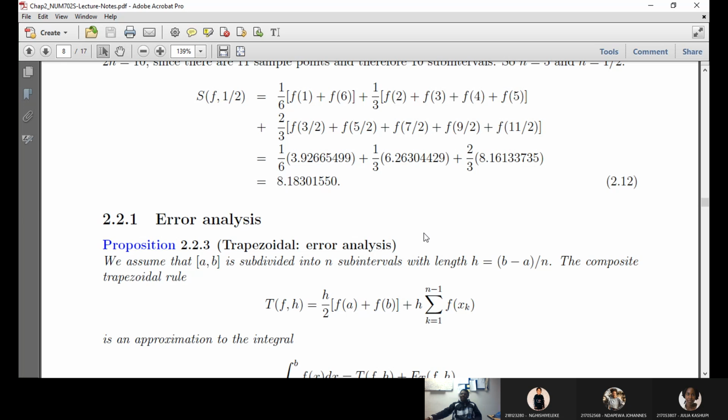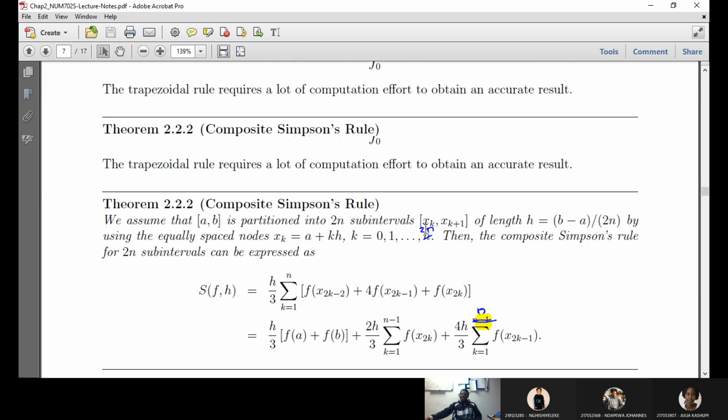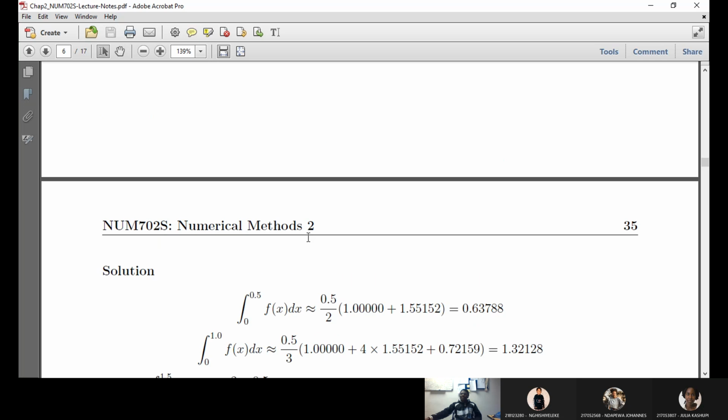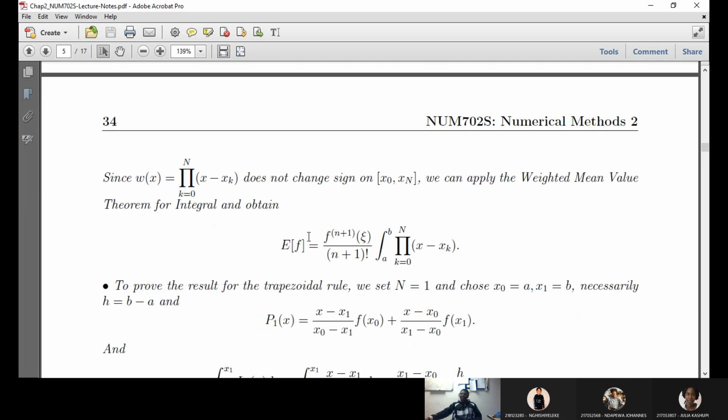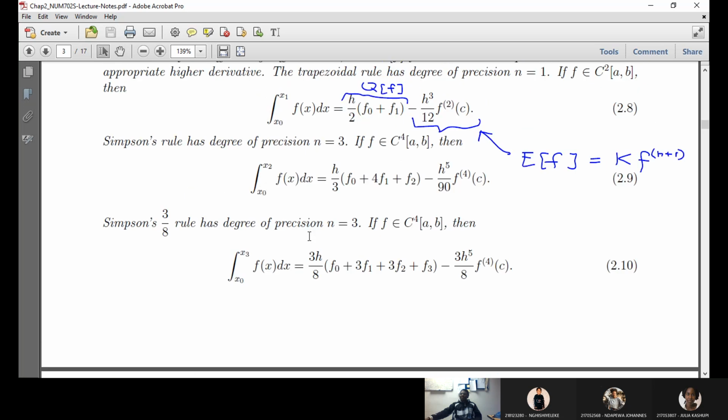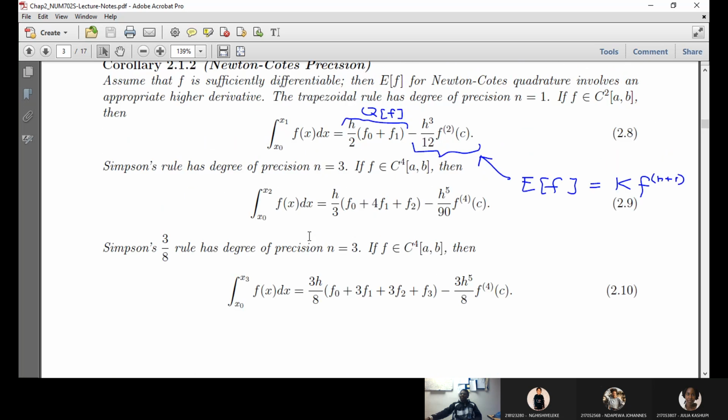Right? Let's look. You see that in the composite Newton-Cotes formula, this one, the Simpson rule, you can see that here you have h to the 5.